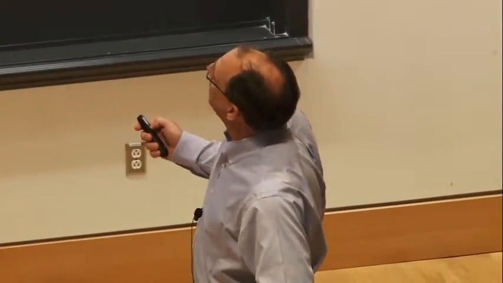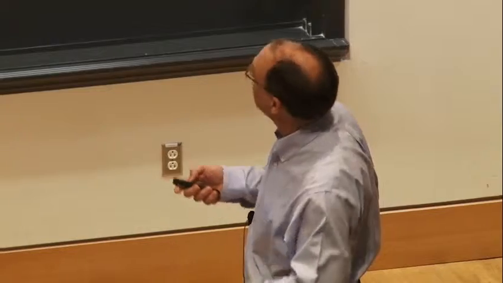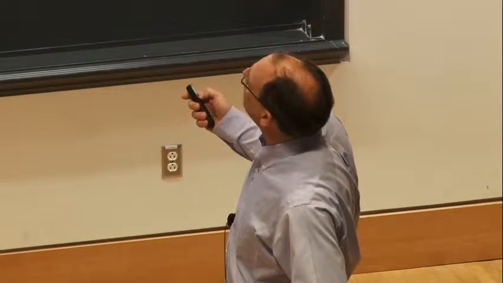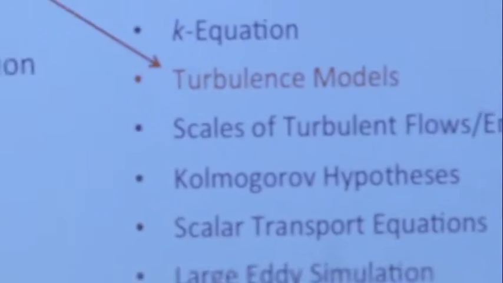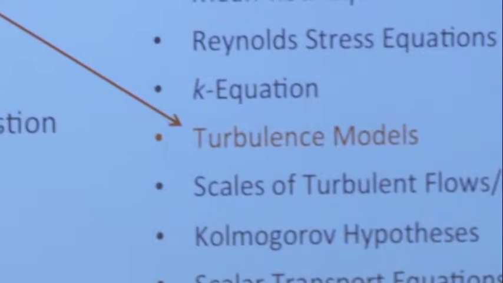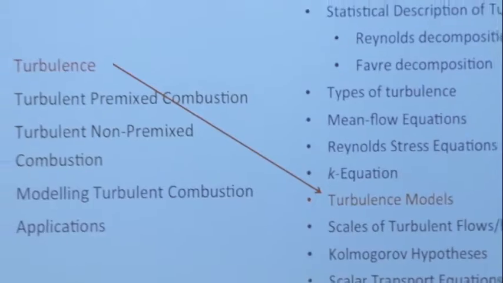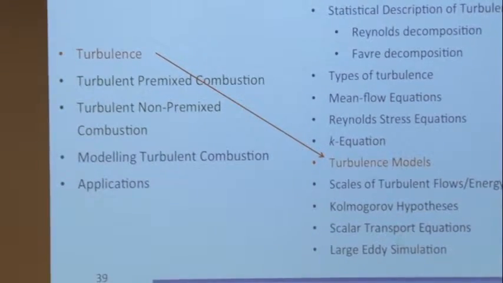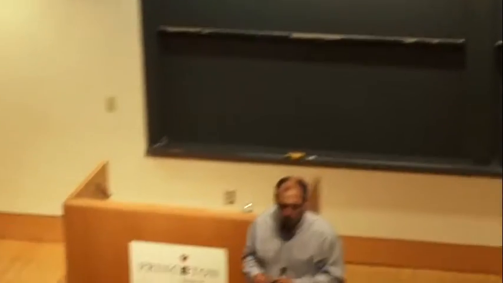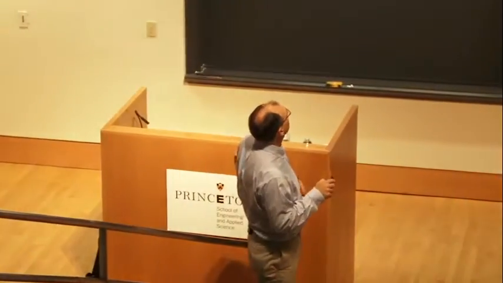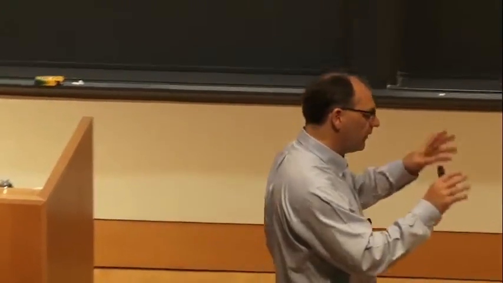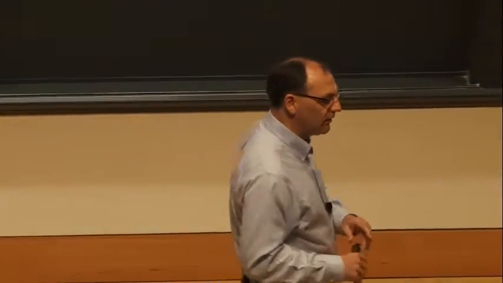Let's try to focus now. We talked about turbulence yesterday, and we introduced turbulence as a random process that needs a statistical description. You cannot predict each single little eddy. It's impossible, and so we said we need a statistical description. We introduced certain ways of defining a mean: time average, ensemble average, and the Favre average.